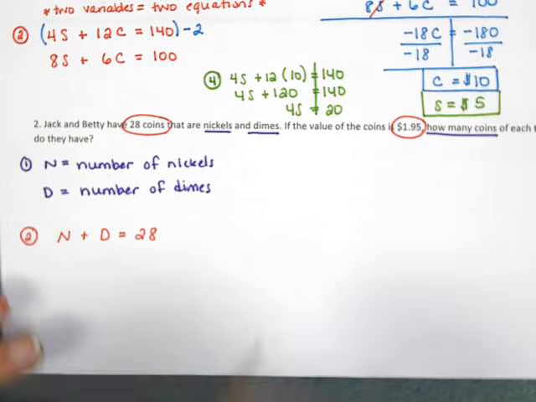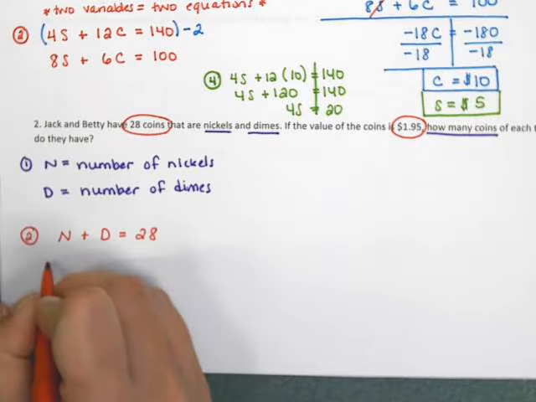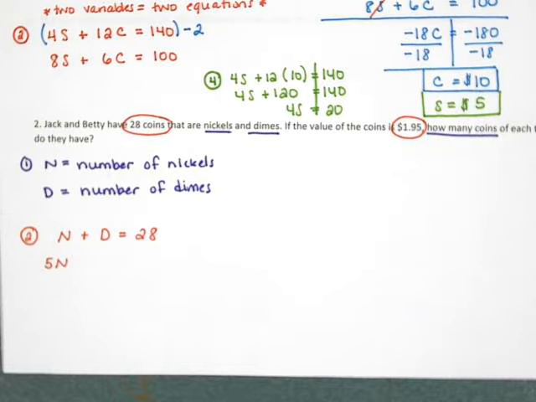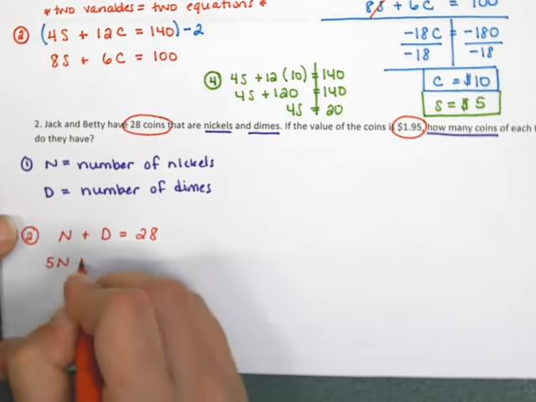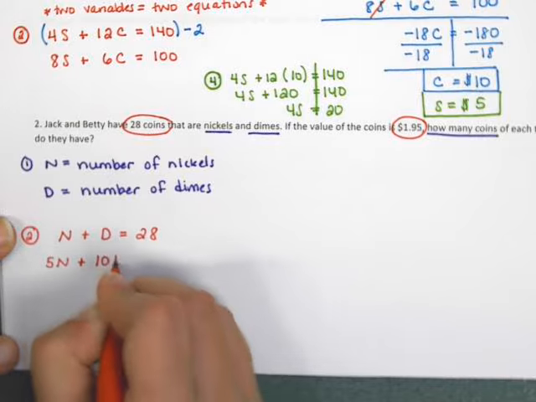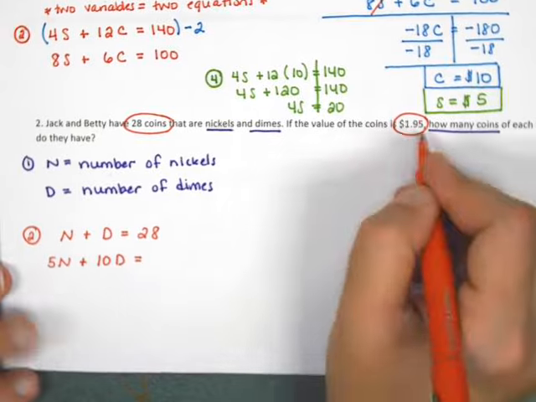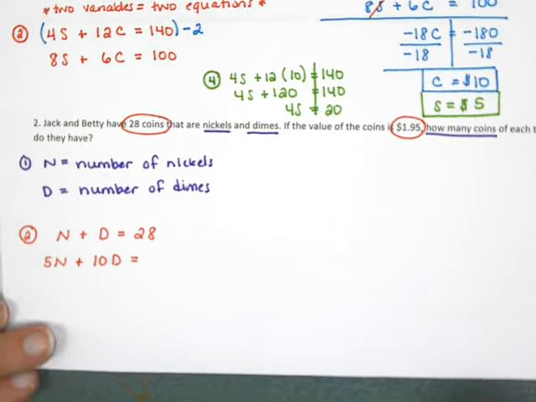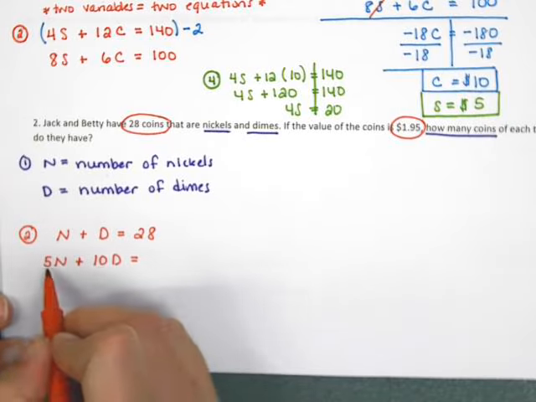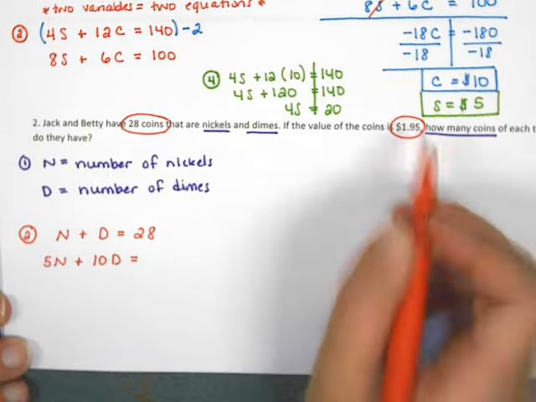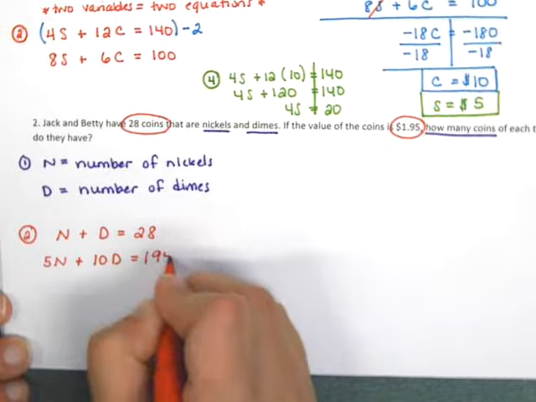So instead of just N, I would say 5N because each nickel is worth 5 cents. Plus, instead of just D, I would say 10D because each dime is worth 10 cents. And then I need to convert 1.95 to cents, so it would be 195 cents.